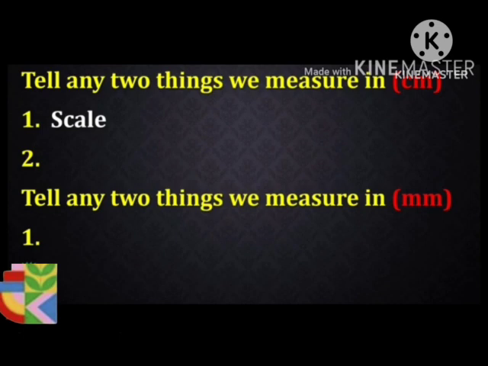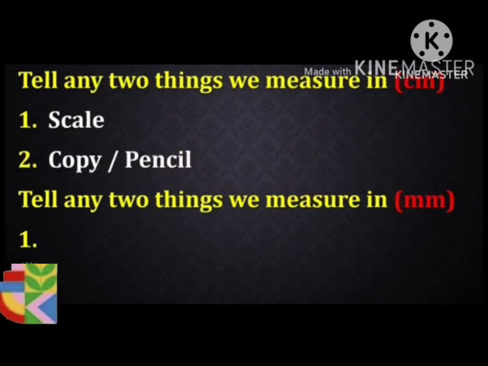So our first example can be scale. Now what should be next? Copy or a pencil, we can write either. Copy, why? Because it can also be measured by scale, and pencil also. It is the same as the height of the scale.